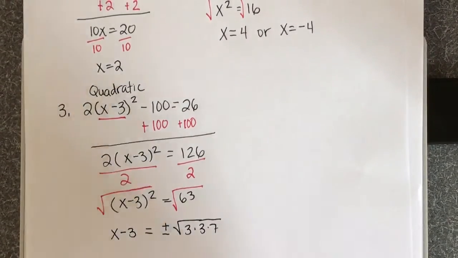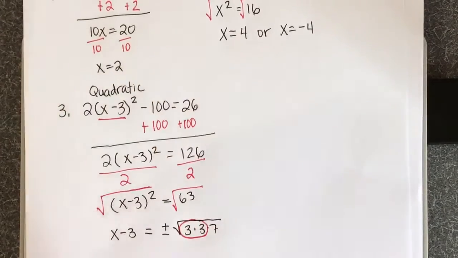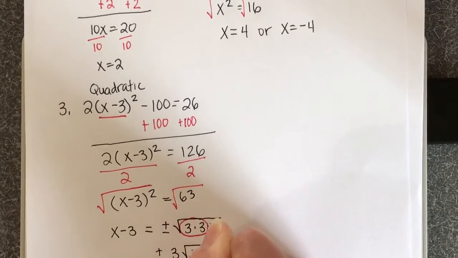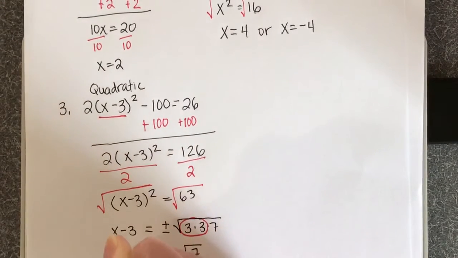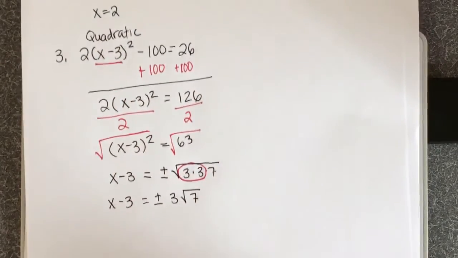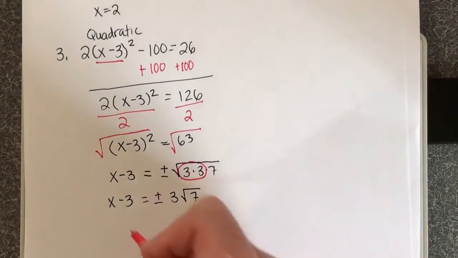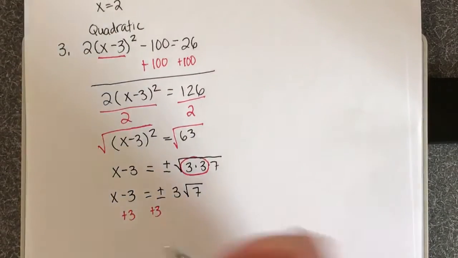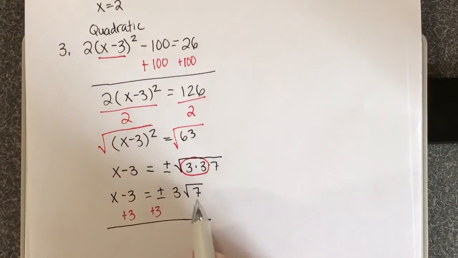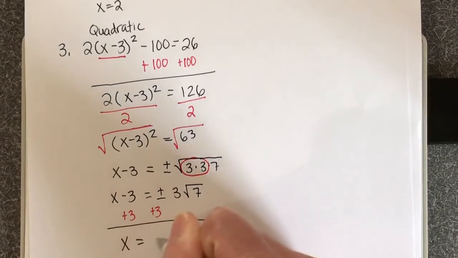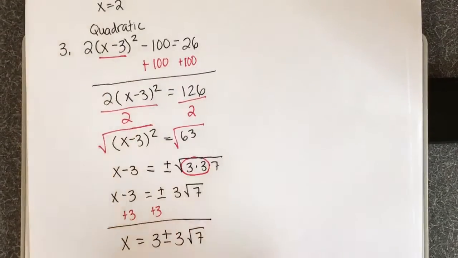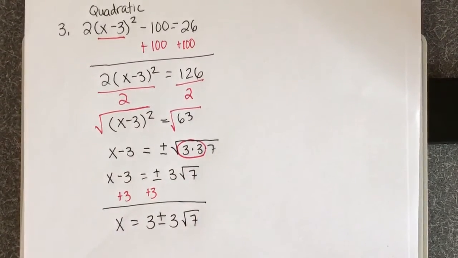And if you remember, I'm taking out groups of 2, so the 3's come outside of the radical, and I'm going to be left with 7 under the radical. So now you have one more step in getting x by itself, and that's to move the minus 3 to the other side. And so it's not going to go with the radical because it's not considered to be a like term. So it's going to be x is equal to 3 plus or minus 3 times the square root of 7, and this is the exact value of x.